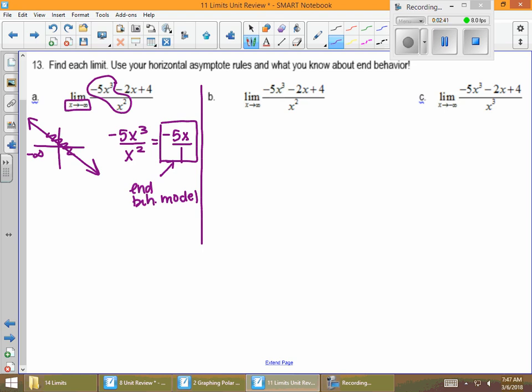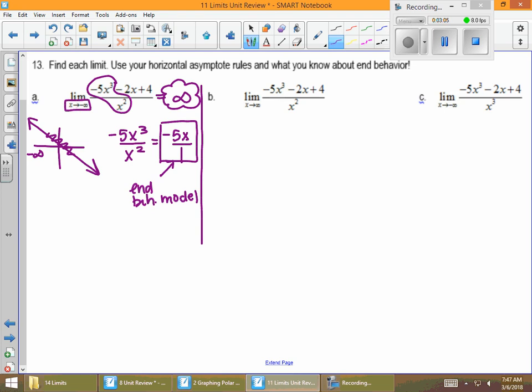And at negative infinity, that line would be up high. And so that tells us the limit as x approaches negative infinity for our rational function is positive infinity. That function is going as the x values get very small, the y values are getting very big.